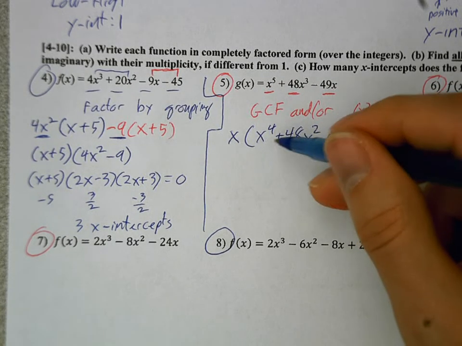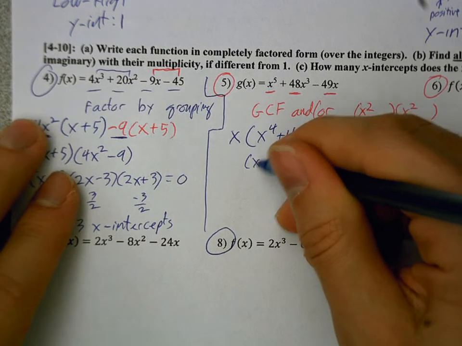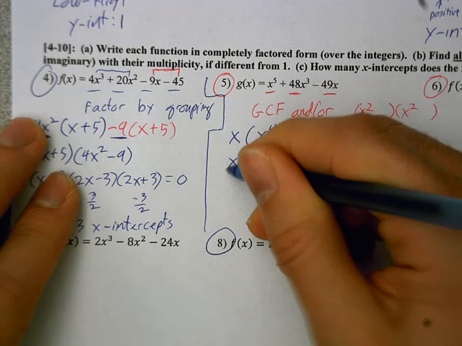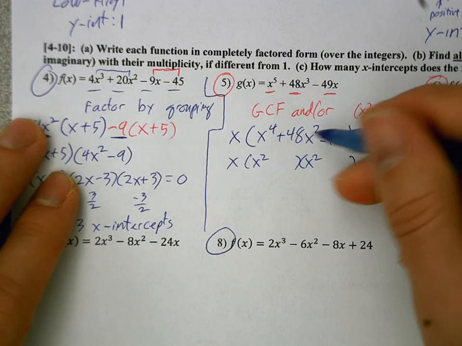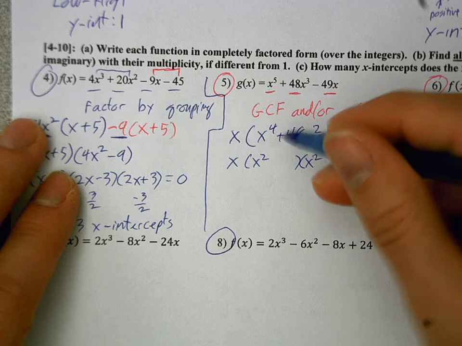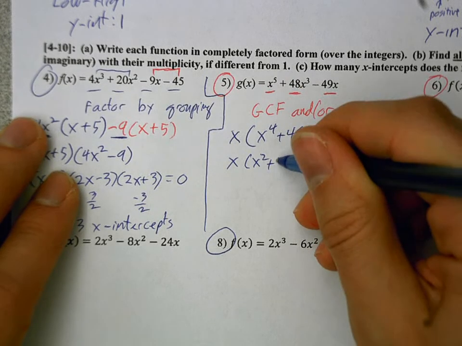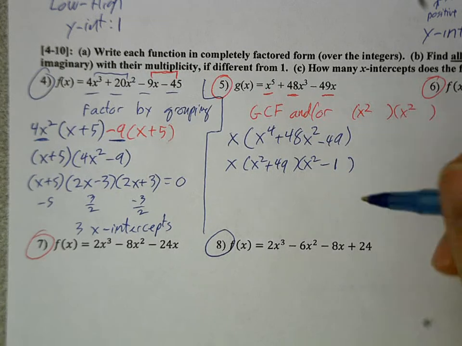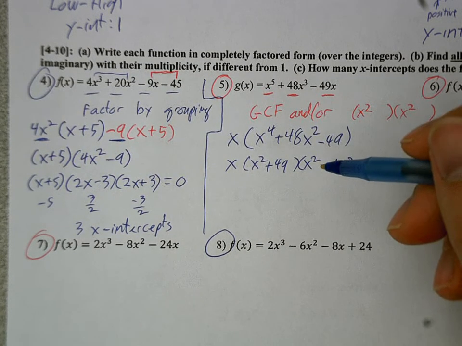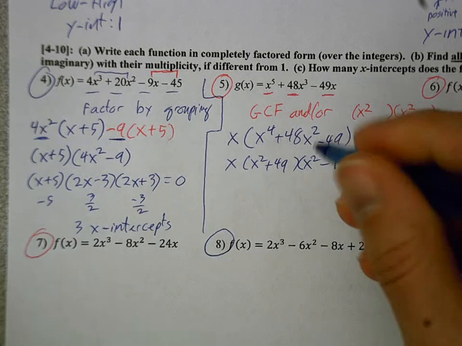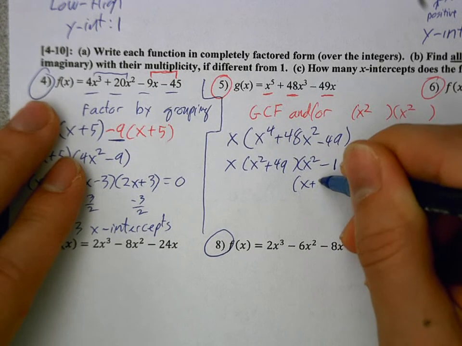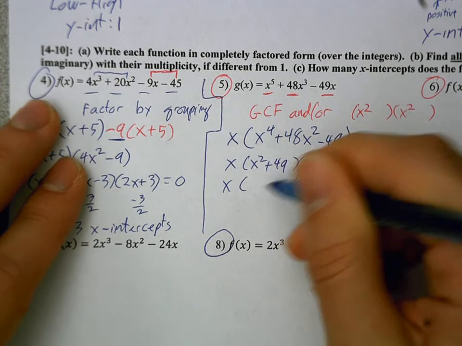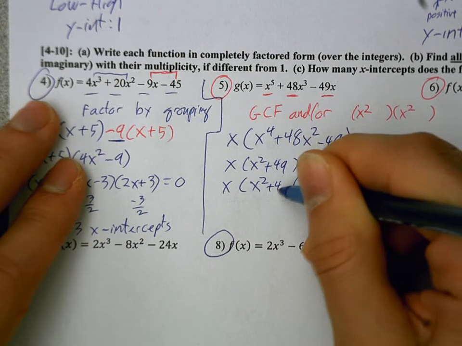This x to the 4th tells me I'm going to have an x squared and another x squared, and negative 49 multiplying to negative 49, adding to 48 sounds like a plus 49 and a minus 1. And then I need to check these. Do they factor anymore? This one does. It's a difference of squares, x plus 1, x minus 1. This one does not factor, x squared plus 49.